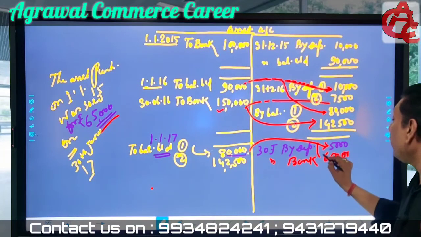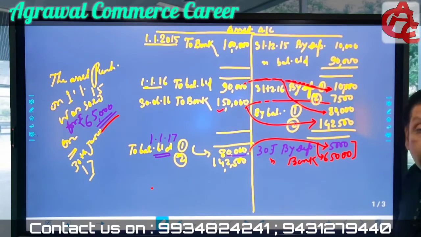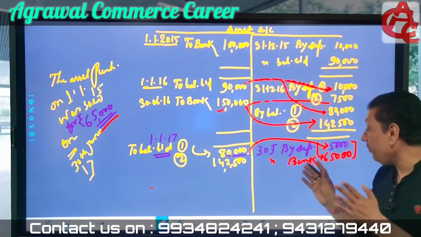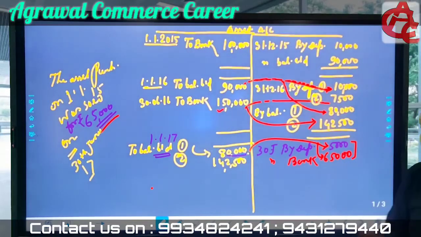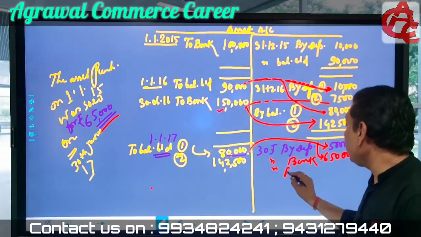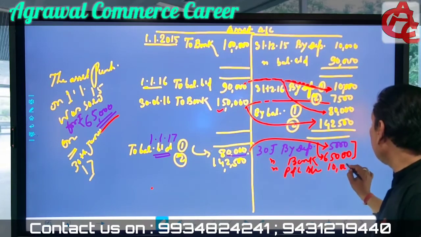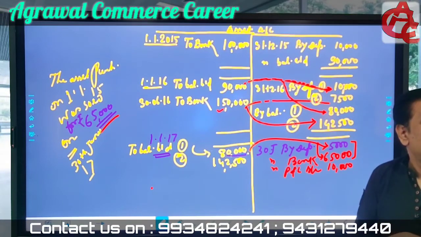So you will find that 65,000 plus 5,000 is 70,000, and the written down value is 80 minus 5, 75. And what amount have you realized? 65. So is there any loss or not? Yes, sir. So on this date, 10,000 will be taken as loss. Is it clear? Yes, sir.